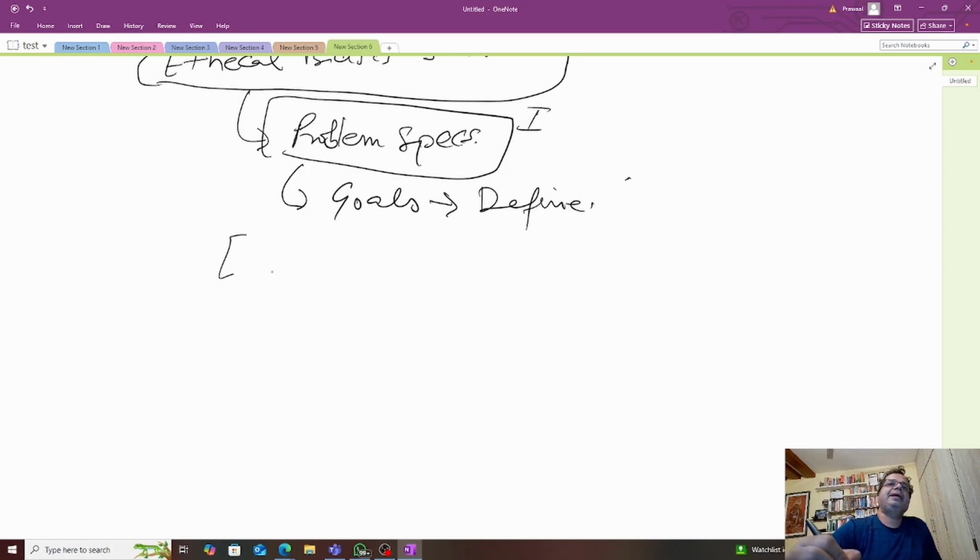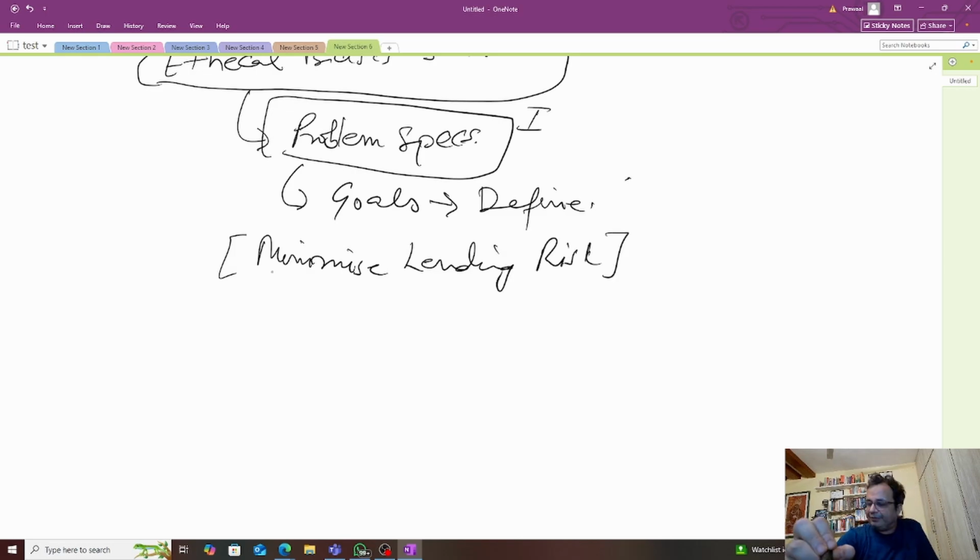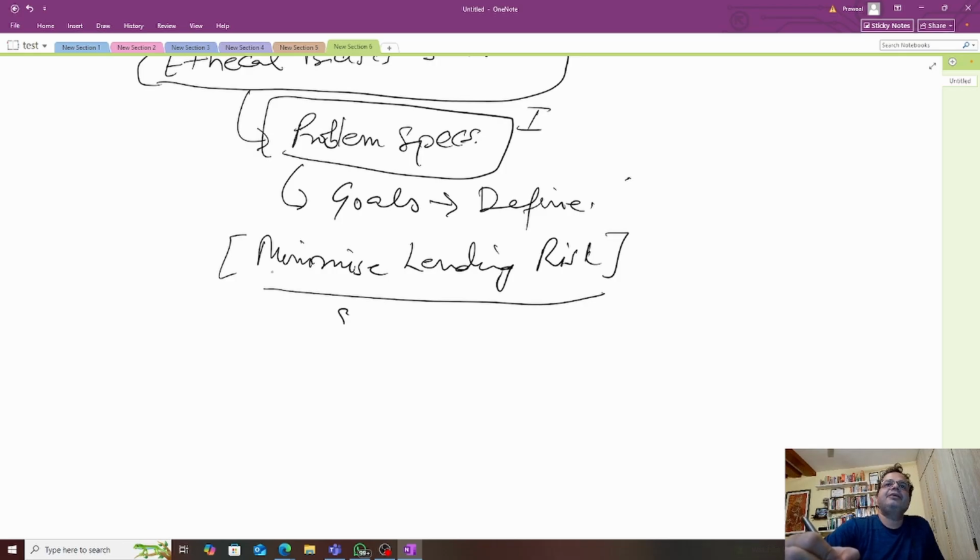For example, if there is a bank and the goal is to minimize lending risk, which is a fair goal for a bank, especially if the bank is new and is trying to get into the lending zone. It doesn't want to have a lot of NPAs, so it says that we will give loans only to people, in the Indian context, if your CIBIL score is say 850 or more. But then this is going to create a bias that only the affluent will get the loans.